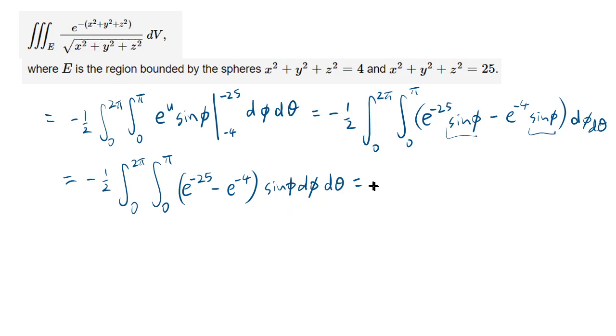So let's do this. The negative value can be brought outside. So you get positive 1/2 integral from 0 to 2 pi. We already integrated phi, so it becomes e to the negative 25 minus e to the negative 4 cosine phi, and for phi you have to plug in pi and then 0.